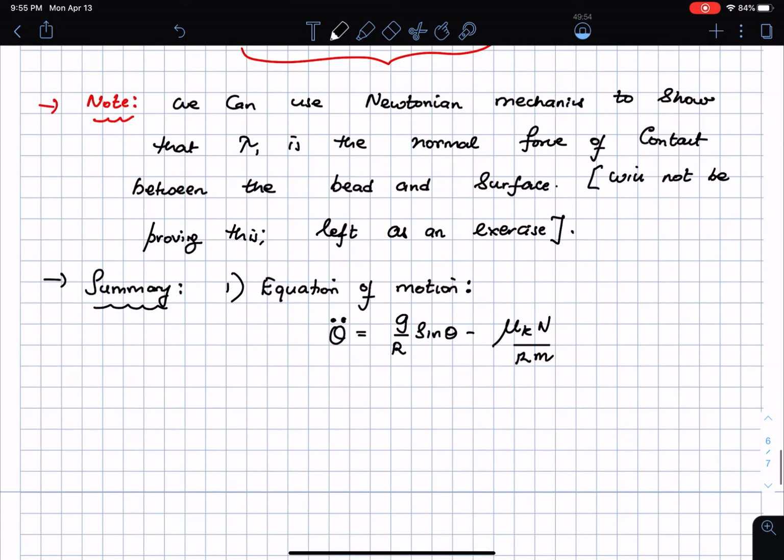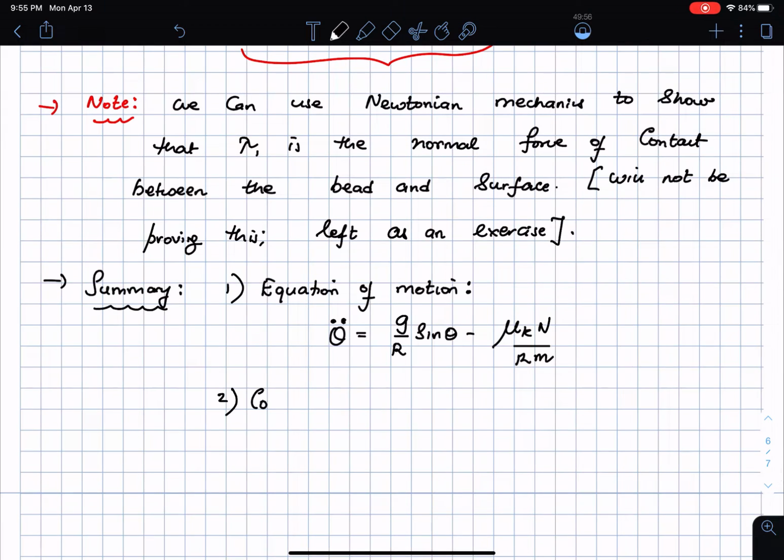That's the equation of motion, and the constraint force, the normal force N, is mg cos theta minus mr theta dot square.